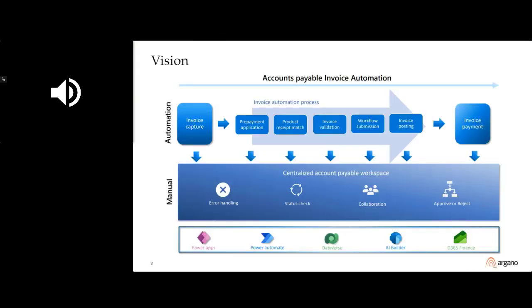So when we talk about AP automation, we could be talking about a lot of different components. This is meant to demonstrate in general what the different processes or steps or components are within the AP automation space.